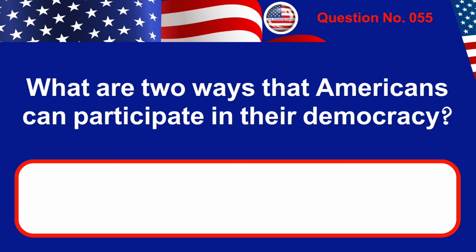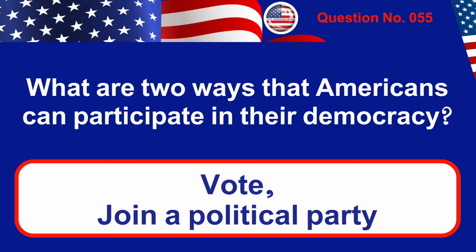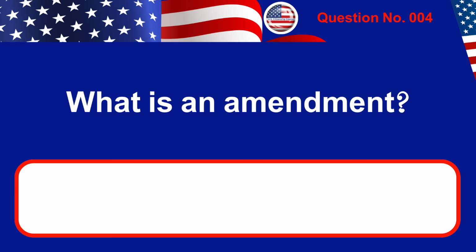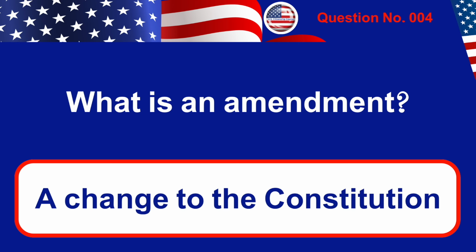What are 2 ways that Americans can participate in their democracy? Vote. Join a political party. What is an amendment? A change to the Constitution.